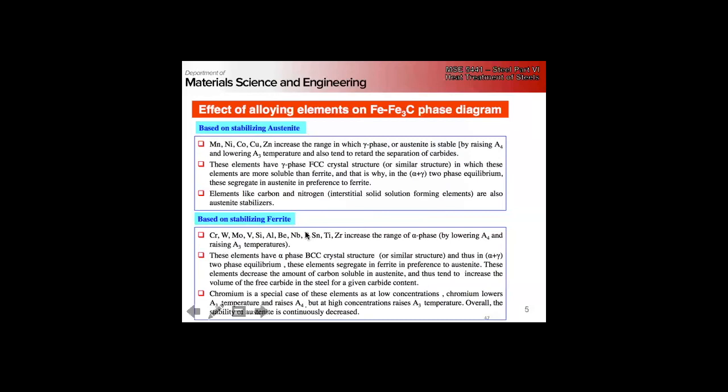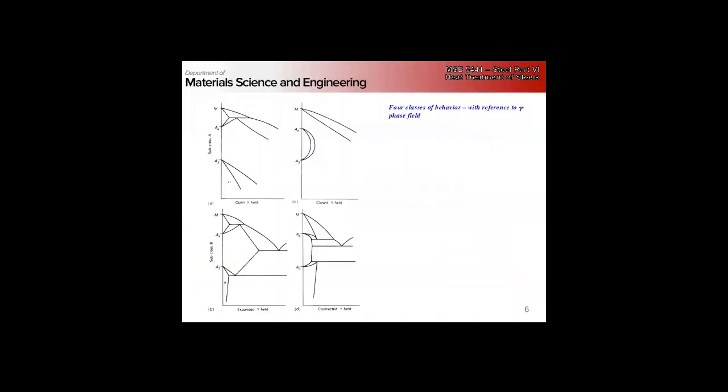Then there are ferrite stabilizers. What do these guys all have in common? BCC or BCC-like, we'll say, right? Titanium and zirconium exhibit BCC phases, but their standard phase is HCP, right?